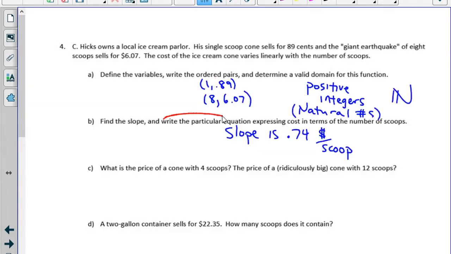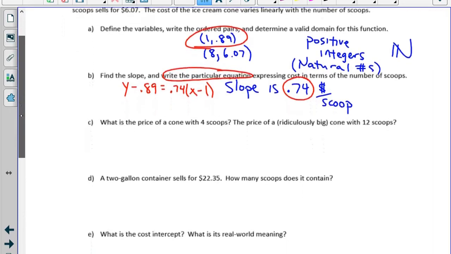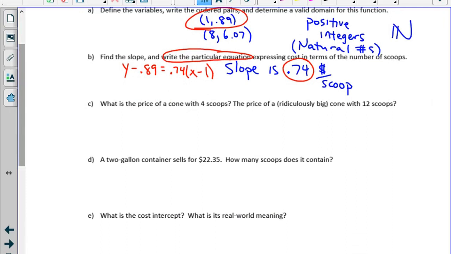And we're going to write the particular equation. It's probably not easiest to find the slope intercept yet. We will probably want to write point slope form. So y minus 0.89 equals 0.74 times x minus 1. I'm just taking one of the points and the slope and substituting it in. Now, if I want to find slope intercept, I can.